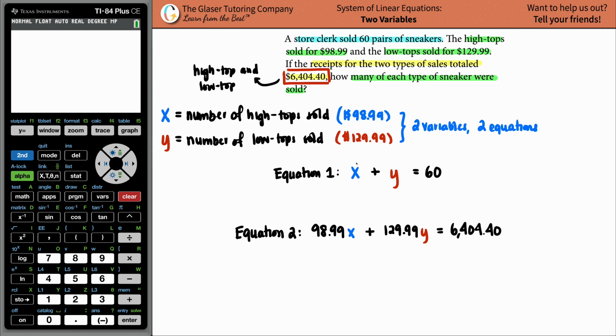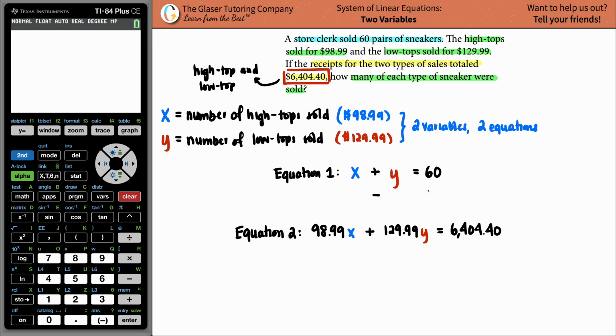Mainly because you can easily get this equation into just an x equals or a y equals. Because what we're going to do is substitute in for the other equation. So maybe since x is stated first, let's just get x equals.